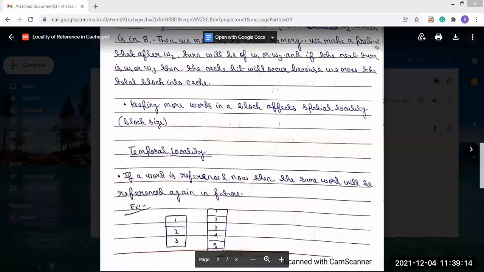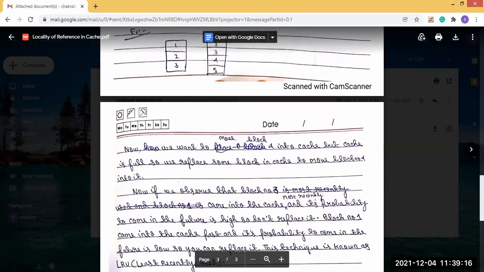That is what is written here: we want to move block 4 into the cache, but the cache is full. So we have to replace some block in the cache to move block number 4 into it. Now, if we observe, block number 3 came into the cache most recently, and its probability to be used in the future is high, so don't replace it.